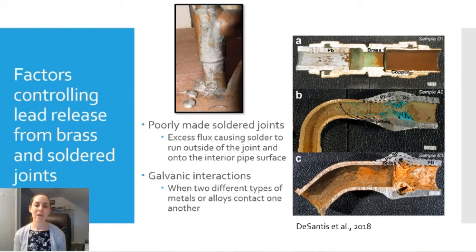And then galvanic interactions, like I mentioned on the previous slide. So when you have two dissimilar metals connected, depending on the water quality, one of those metals is likely going to be sacrificial to the other. And if that material that's being sacrificed happens to contain lead, such as a brass or potentially a lead service line, then you're going to have lead being released into the drinking water.